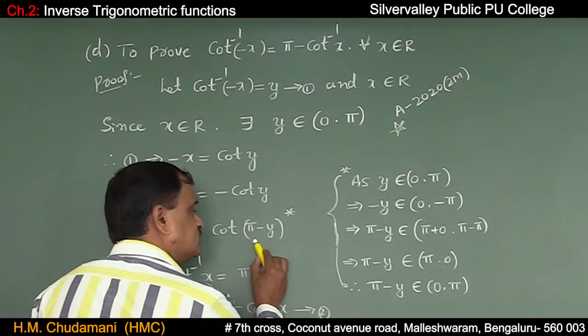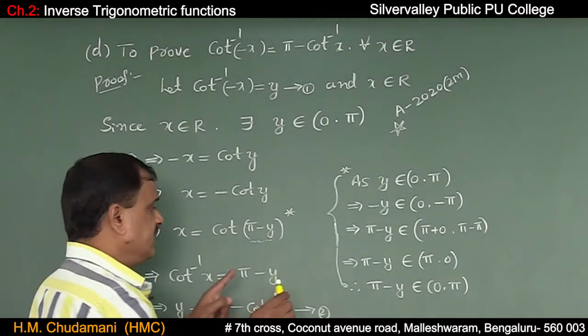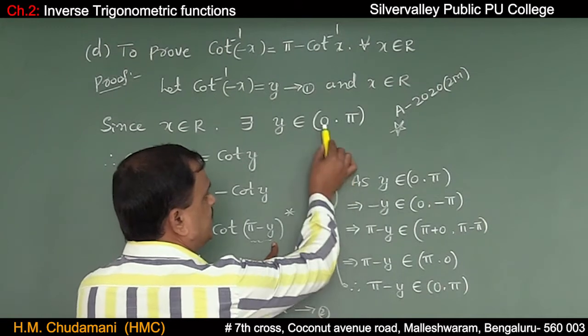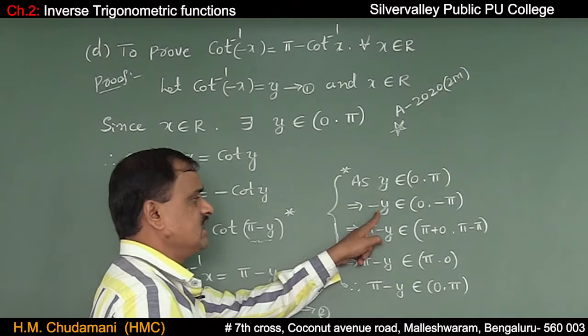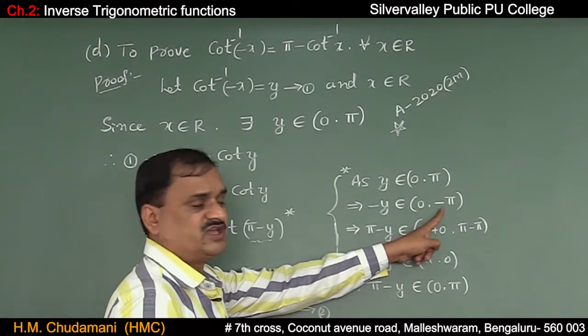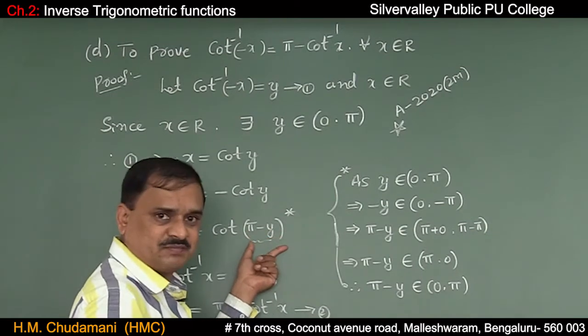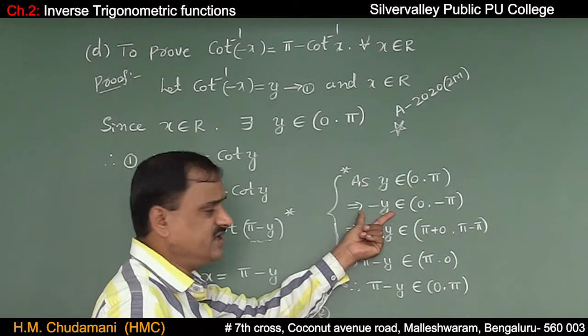Pi minus y should belong to the open interval 0 comma pi. Let us verify. As y belongs to 0 comma pi, multiply with minus, minus y belongs to 0 comma minus pi. I want pi minus y, so add pi to this.